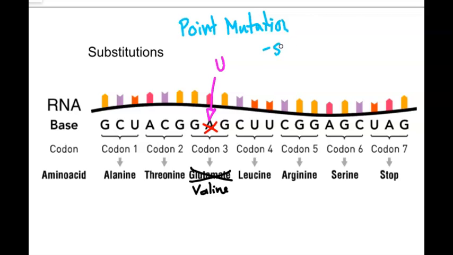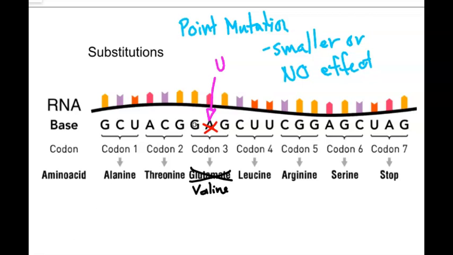Okay, so smaller, or sometimes there's no effect at all, because you can sometimes replace a letter and it still codes for the same amino acid. What do I mean by this?